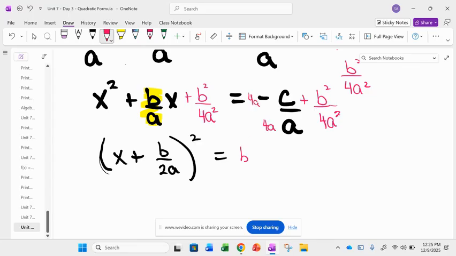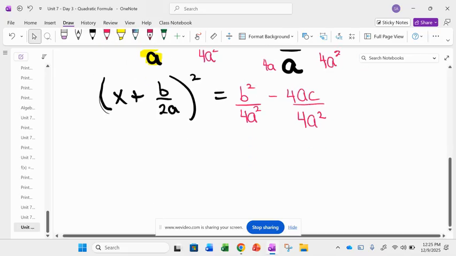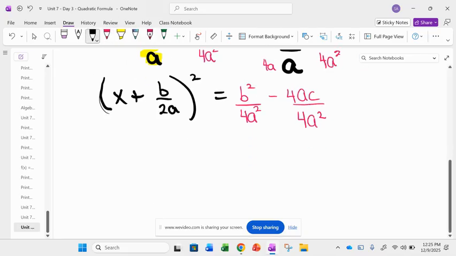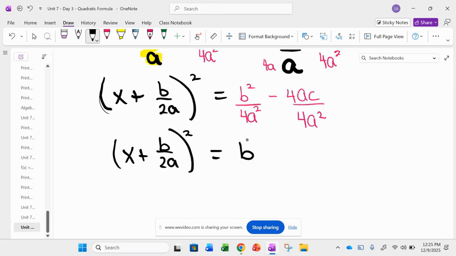So I'm going to have b squared over 4a squared minus 4ac over 4a squared. Everybody okay so far? Okay, so now I'm going to add the right side. So we have x plus b over 2a quantity squared equals b squared minus 4ac all over 4a squared.